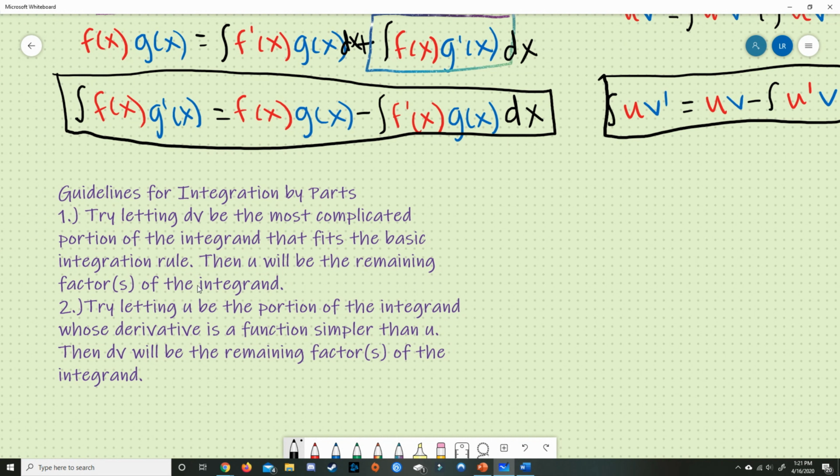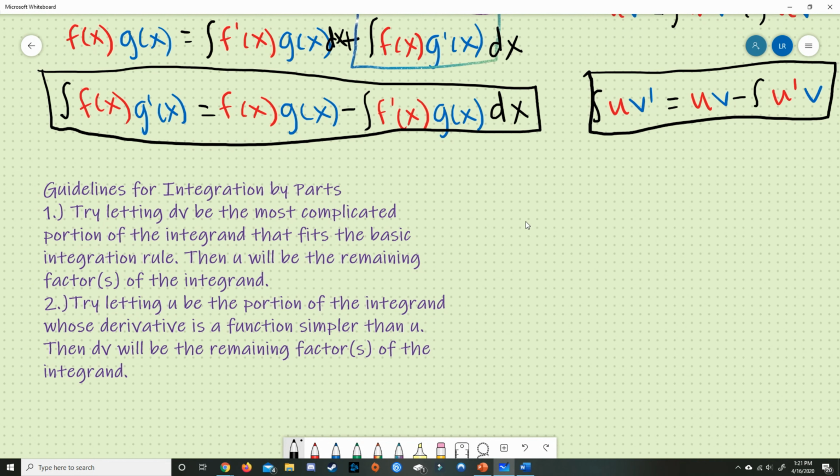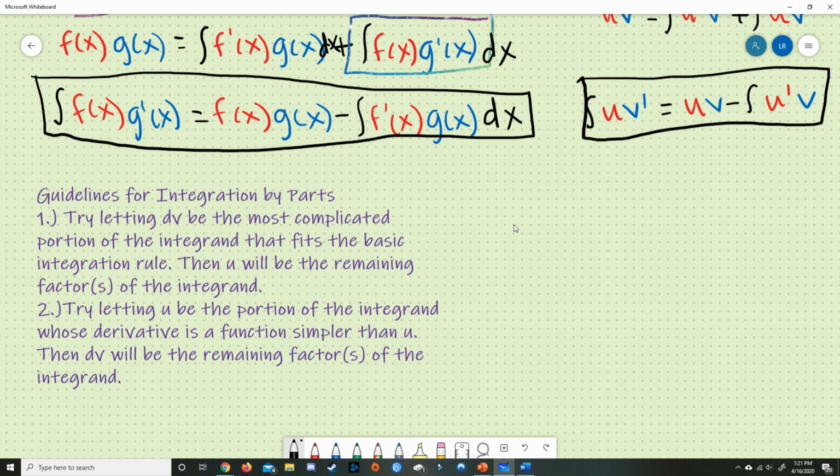Let's try an example here and see if we can apply this rule. So let's call this example 1.